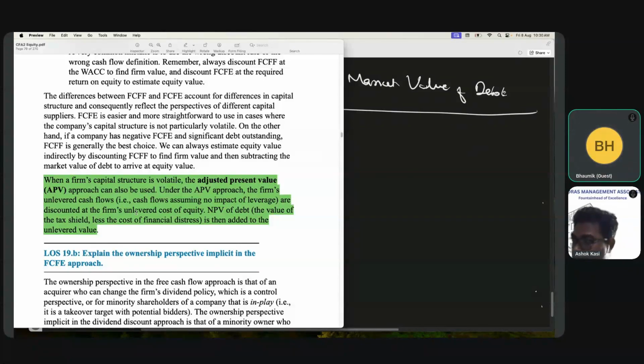The NPV of debt, the value of the tax shield less the cost of financial distress, is then added to the unlevered firm value.